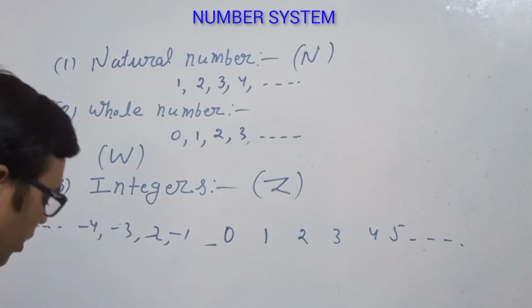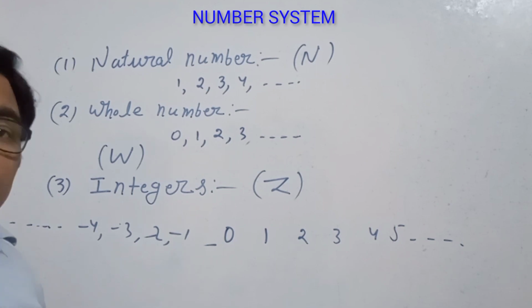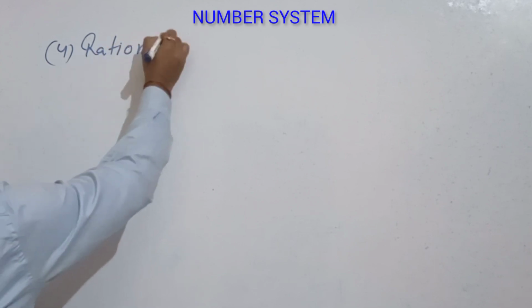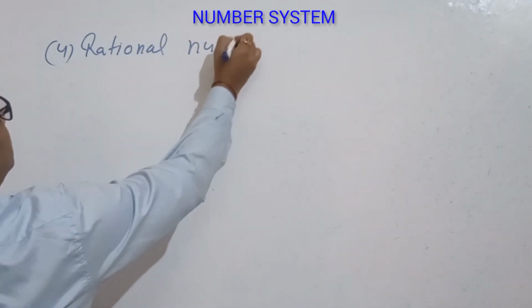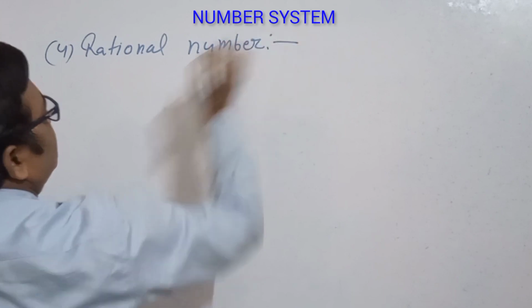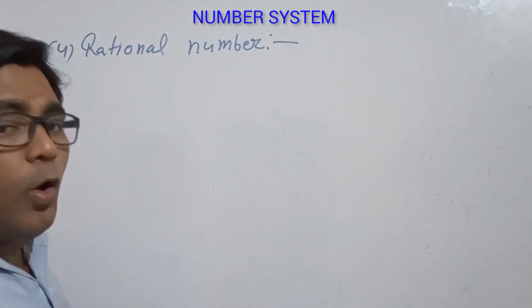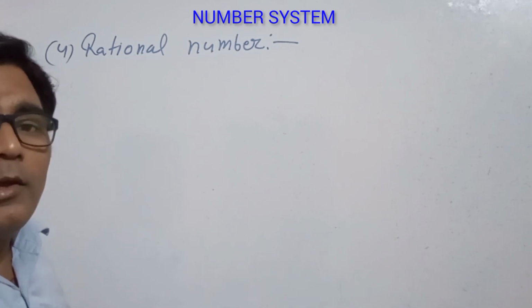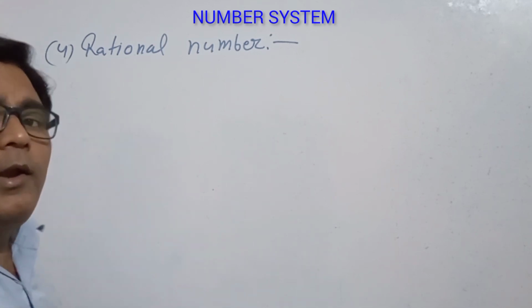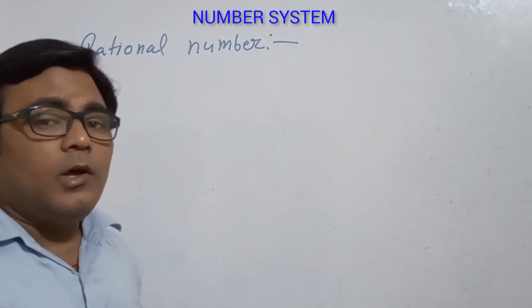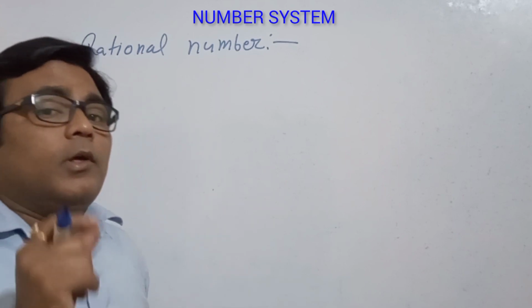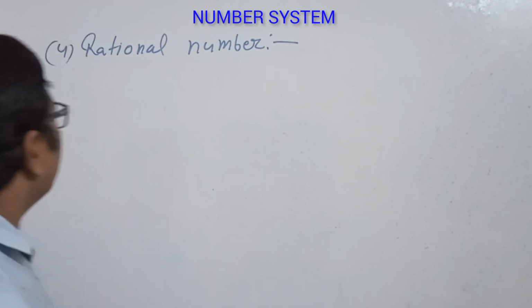Now we will focus on rational number. What is rational number? The number in the form of P by Q, where P and Q are integers and Q must not equal to 0, is called rational number.